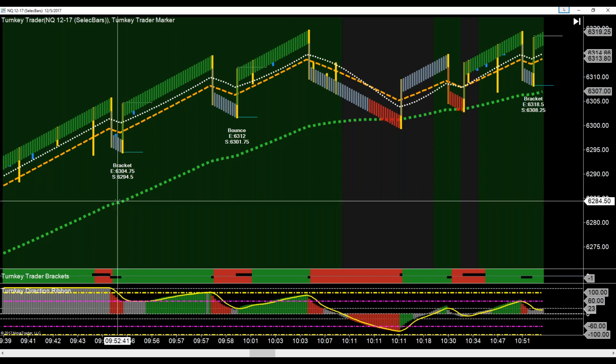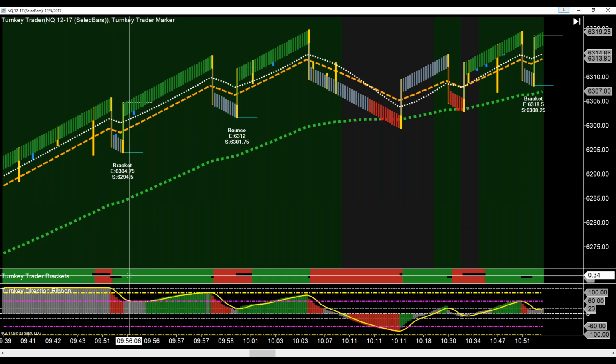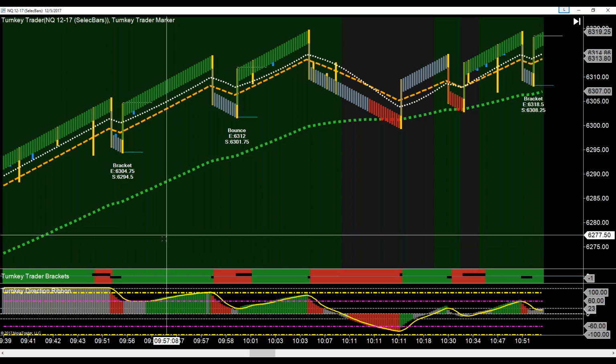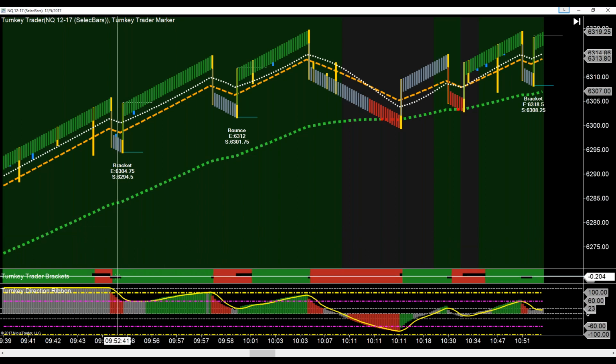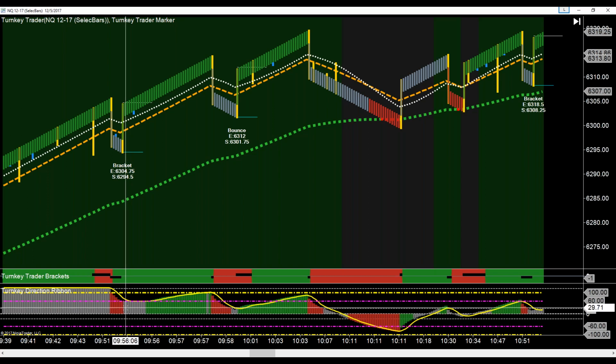The main difference is that the bracket trade requires our Turnkey Trader bracket section here to match the overall direction of the trend as well. So if we're entering long, we need the bracket to be green. If that's the case, that actually lends strength to the trend. So we don't need to see the yellow line come all the way down to where we normally like to see it for the bounces, somewhere in between the 0 and 60s.